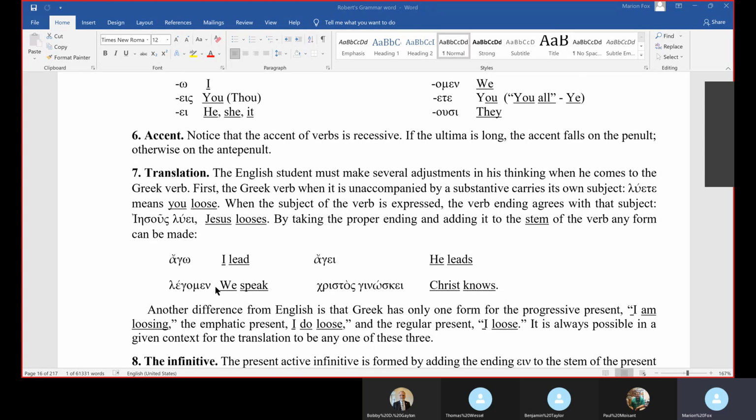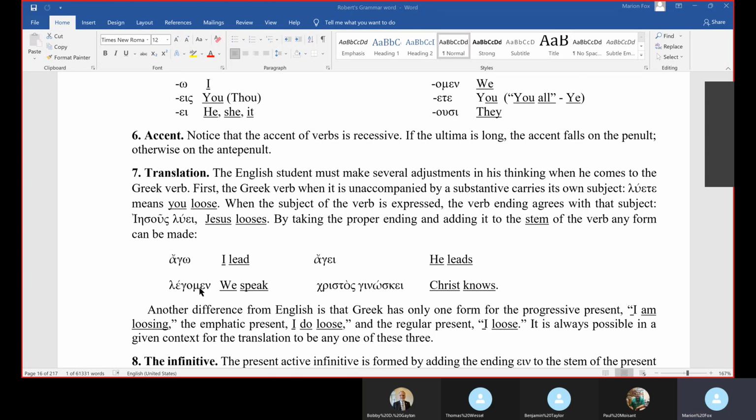So we have now lego, legase, legay, legoman, legete, legusi. Lego would be I speak, legase would be you singular speak, legay would be he, she, or it speaks, and legoman, which is what we have here, is plural, we speak.